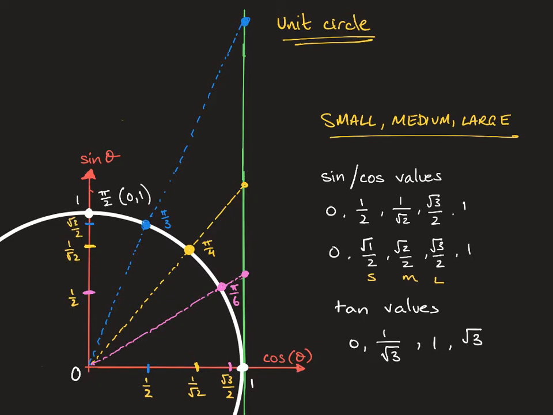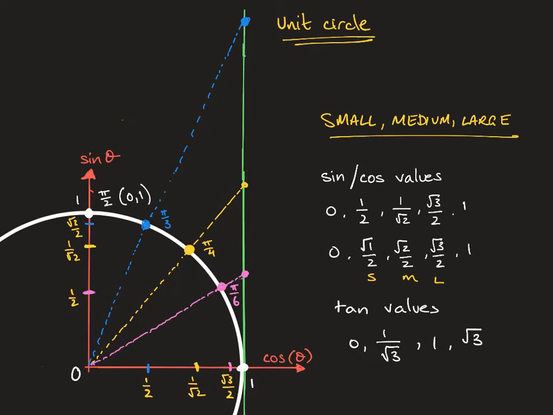And so if you can figure out whether the angle that you're working with is the small, medium or large angle, you can visualise this quadrant in your head. The small angle is going to have the large cos value, which is root 3 on 2, and it's going to have the small sine value, which is a half.